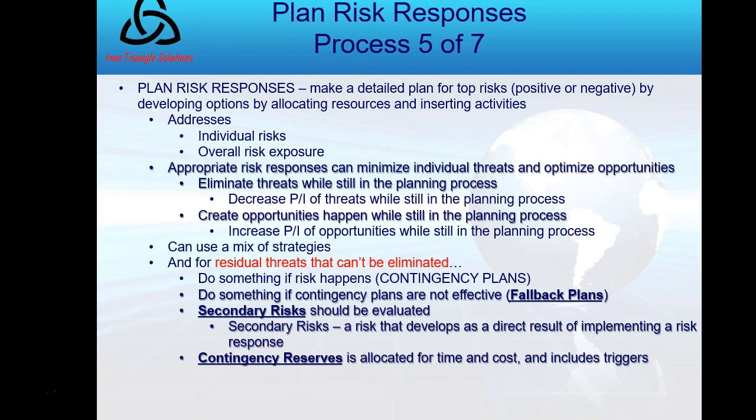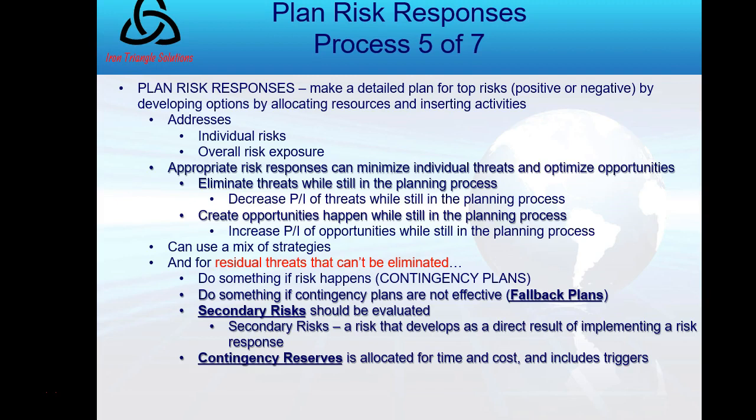Then in quantitative risk analysis, we used numeric probability of impact to take the highest priority risks and do real assessment on them to determine contingency reserves. Okay, now we're ready to plan risk responses, process 5 of 7.